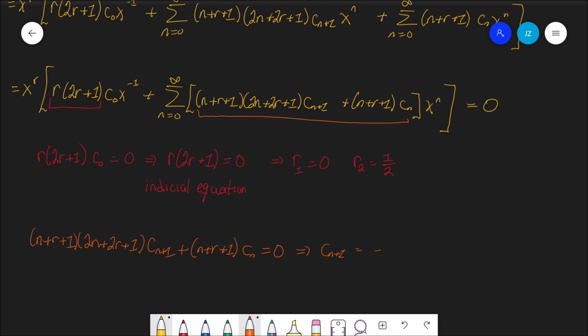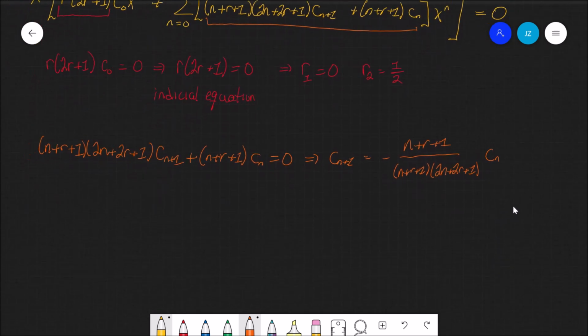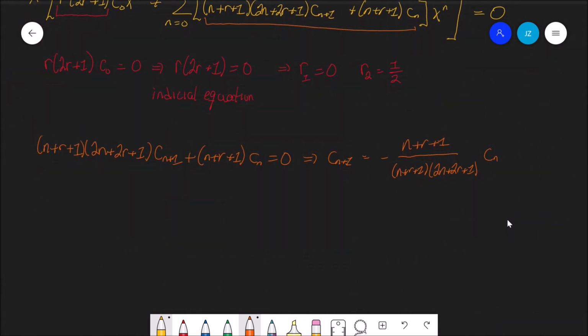So c sub n plus 1 has to be negative n plus r plus 1 over n plus r plus 1 times 2n plus 2r plus 1 c sub n, which is the same as negative 1 over 2n plus 2r plus 1 c sub n.